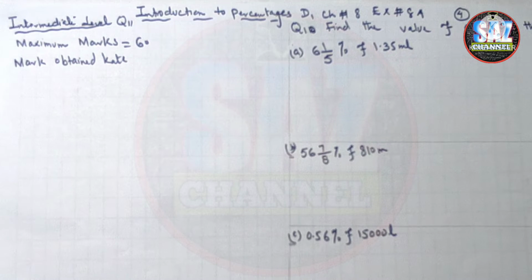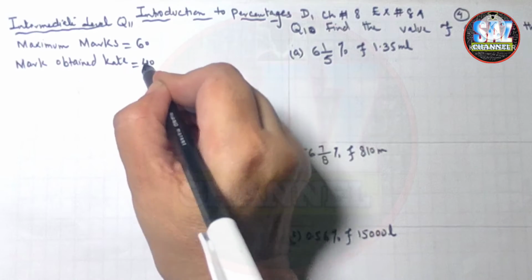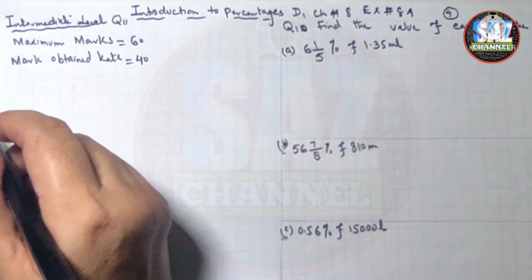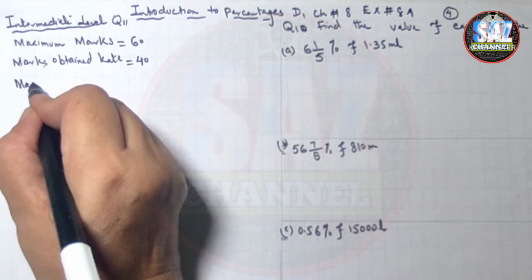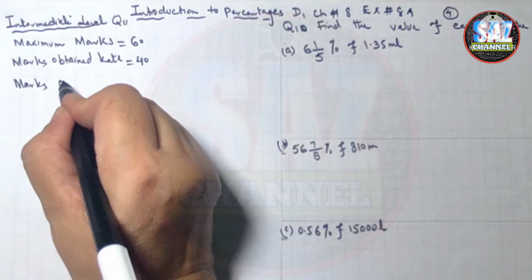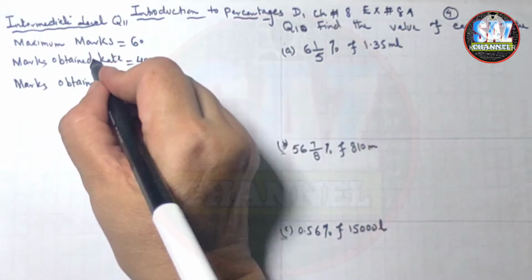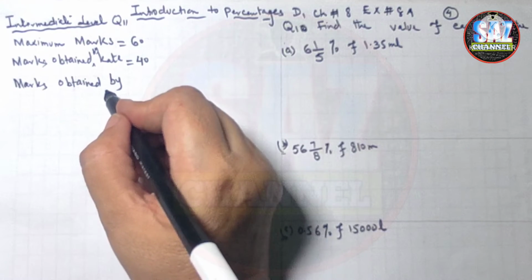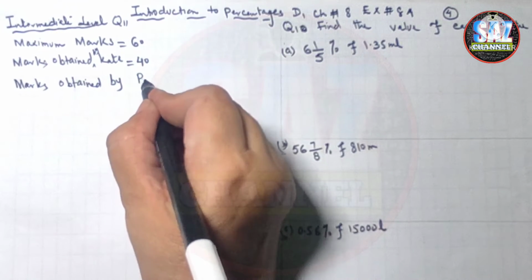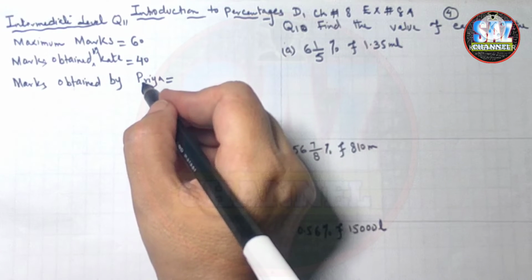Let me write that carefully. Kate obtains 40 marks. And Priya, what marks is she getting?